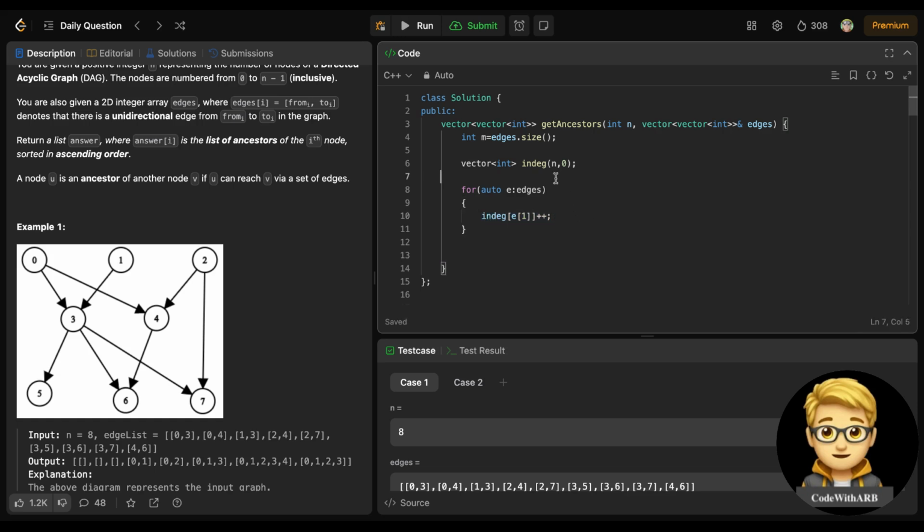Also I need to make an adjacency list to find the immediate parent of all the nodes. So that would be a vector adjacency.